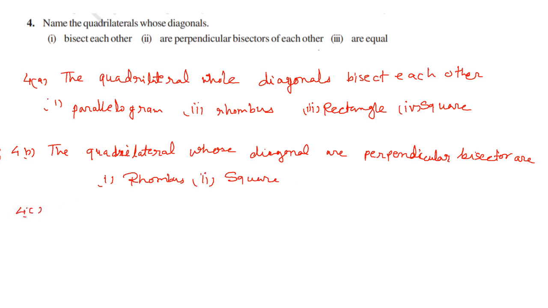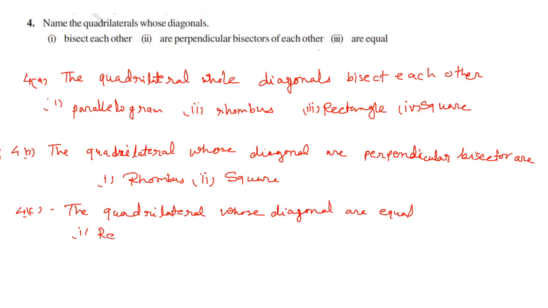Fourth C, diagonals are equal. The quadrilateral whose diagonals are equal: in a rectangle the diagonals are equal, and in a square also diagonals are equal, because a square follows all the properties of a rectangle also.